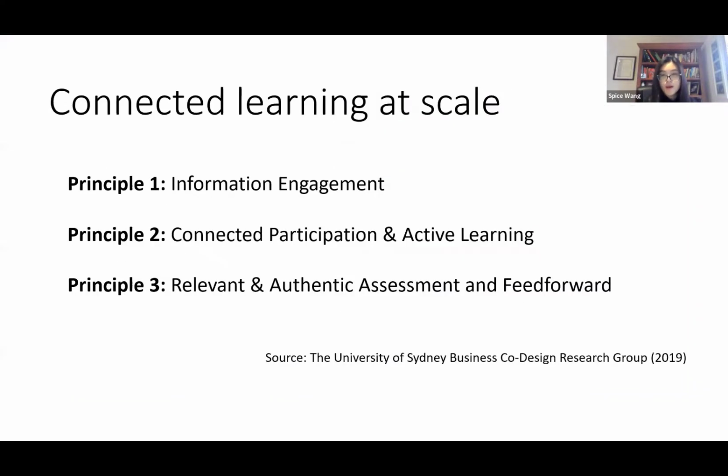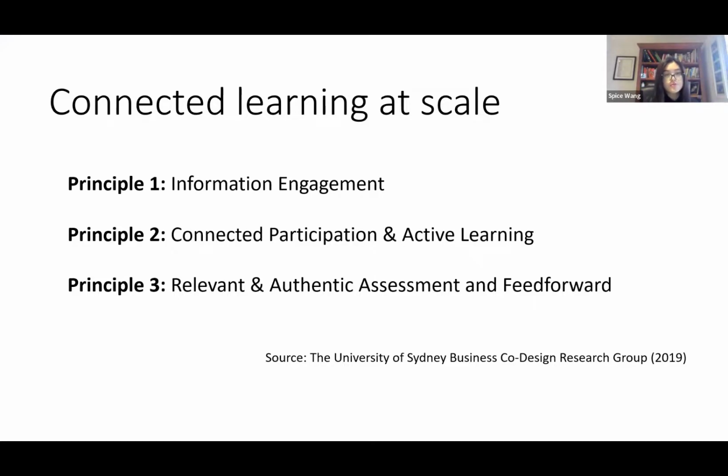So this is my reflection, and I have summarized some principles of connected learning. It's not me who summarized, but I feel this summary is very relevant to what we do. It comes from the University of Sydney Business Co-Design Research Group, but I found it is the best description of what we do.